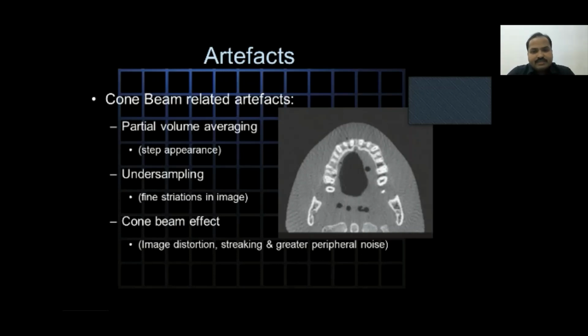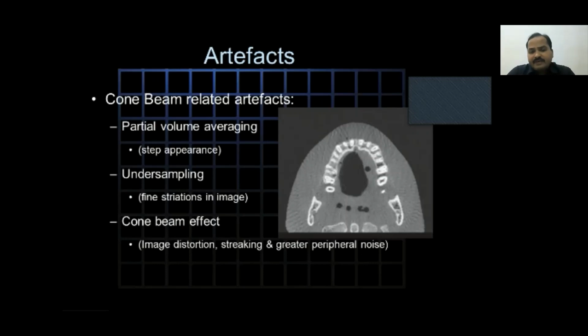In this picture you can see the artifact arising as a result of undersampling. That means an adequate amount of data acquisition has not taken place. Then these fine striations in the image will be seen. This is due to undersampling of the data.